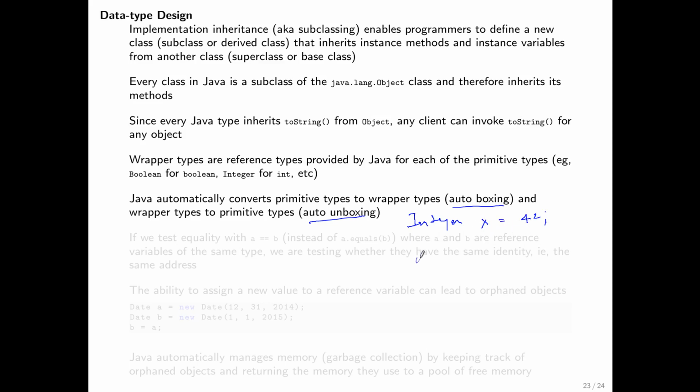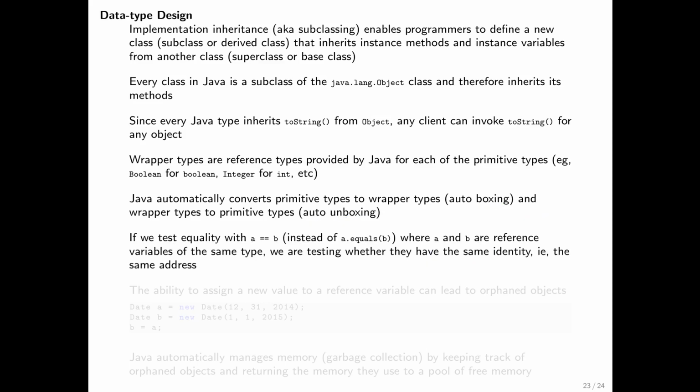And then later on, if you say primitive int y equals x, what do we have? On the right hand side, we have an Integer object. On the left hand side, we have a primitive int. Java automatically makes this conversion from object to primitive, and that's what we call auto unboxing. Okay. And we'll have something to say about this later on in a future lecture.